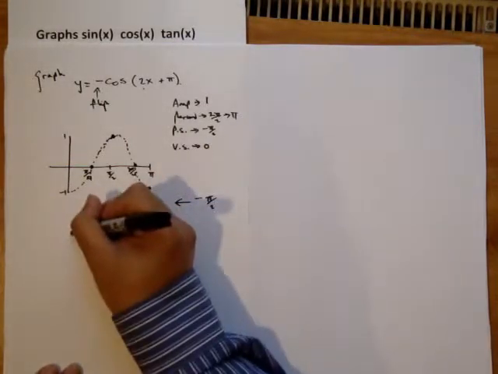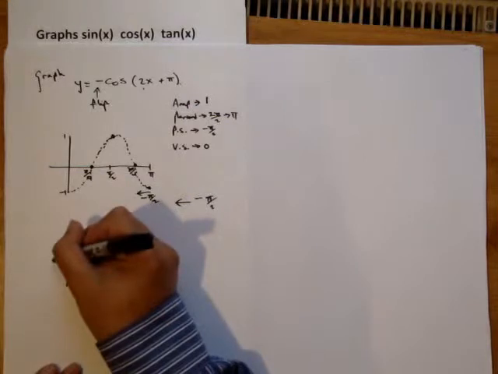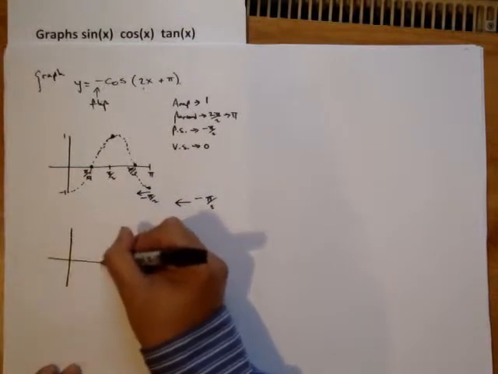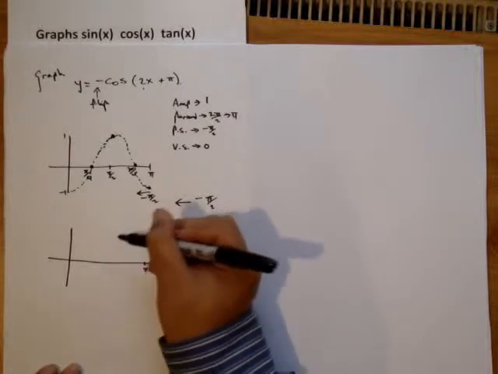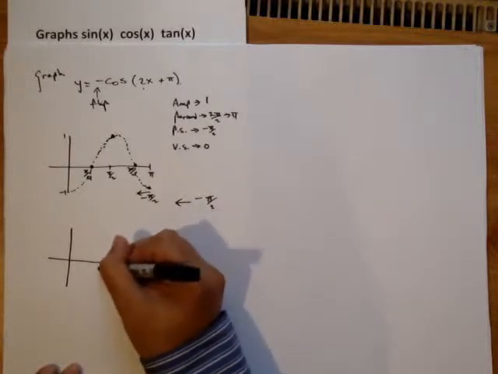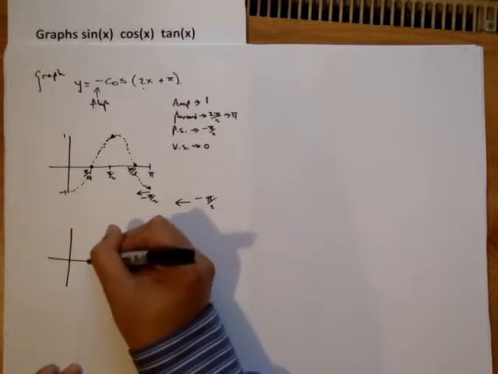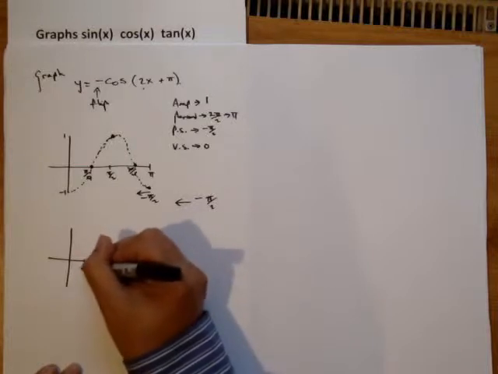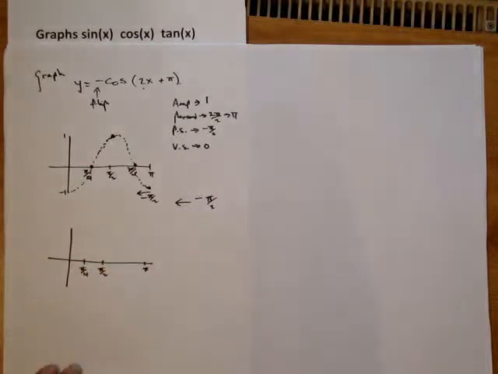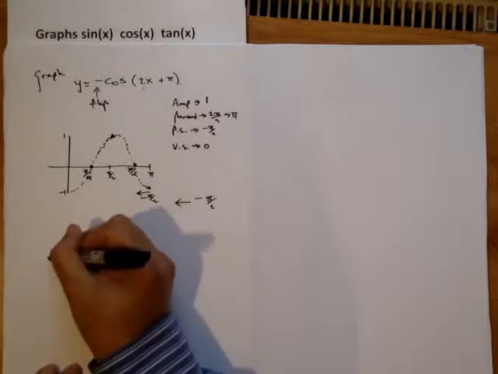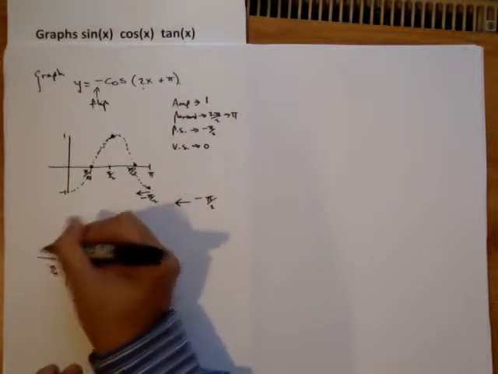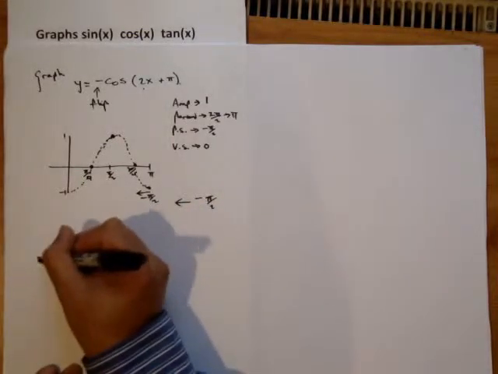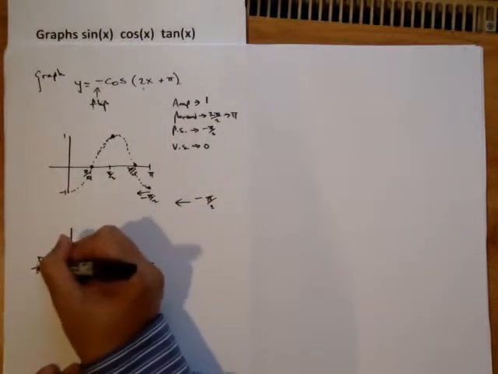So let's draw our graph again on a similar axis. If this were pi, this was pi over 2, this was pi over 4. Similarly on this side we've got minus pi over 4 and minus pi over 2.